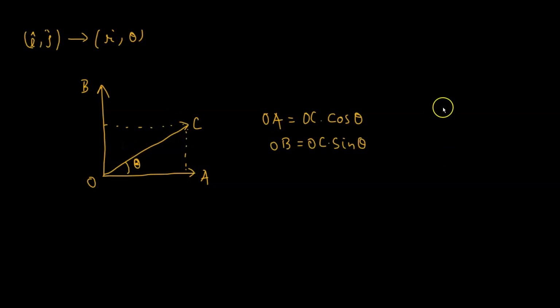So what I mean to say is, let's suppose we have this time the OA vector oriented in this particular direction, and this is our OB vector, and we take the OC vector, but let's say this time OC is making an angle phi with the OB vector. Then the question is how much of OC is projected along OA and OB.